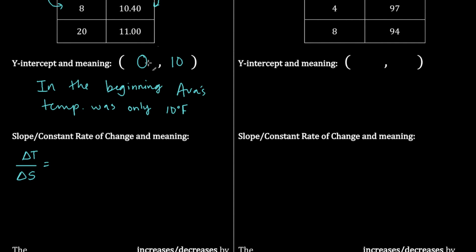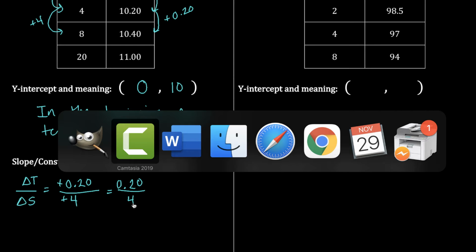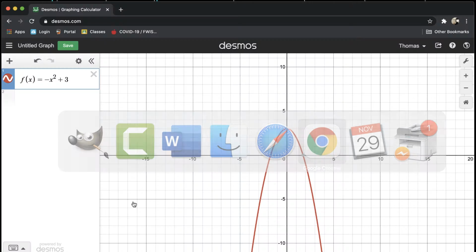The temperature increased by 0.20, or 20 hundredths of a degree, every 4 seconds, or when the seconds increased by 4. So positive over positive is a positive. I'll put 0.20 over 4.